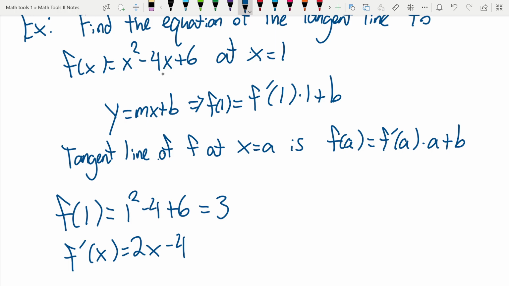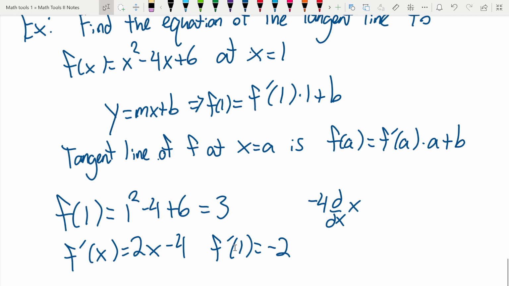The derivative of minus 4x, here it's like minus 4 times the derivative of x, which is going to be 1. And then the derivative of 6 is a constant, so that's going to be 0. Okay, so now f prime of 1 equals negative 2.